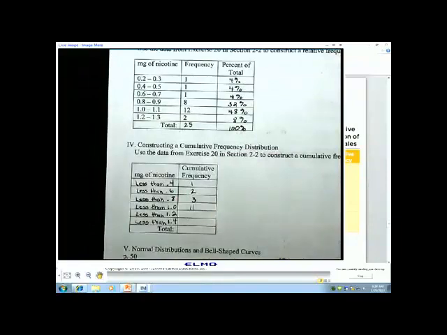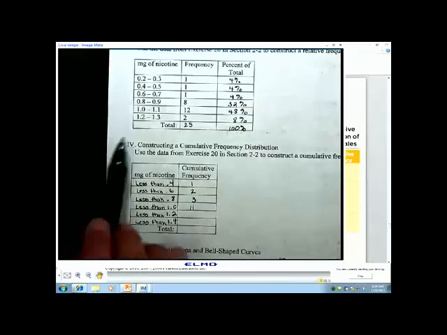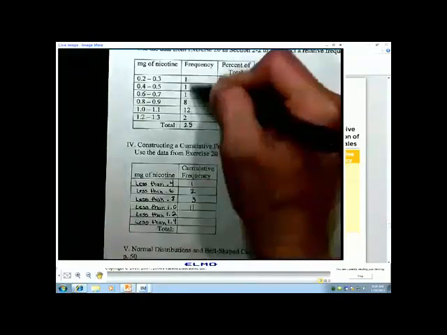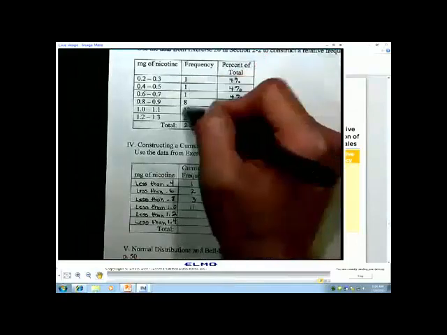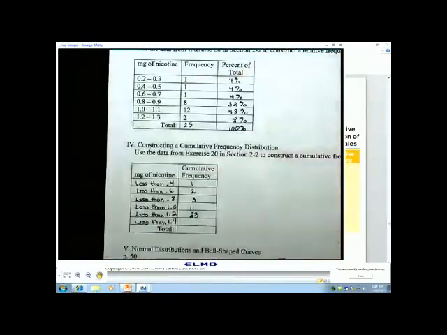How many less than 1.2? These 11 that we've already counted plus these 12, 23. And how many less than 1.4? All of them.